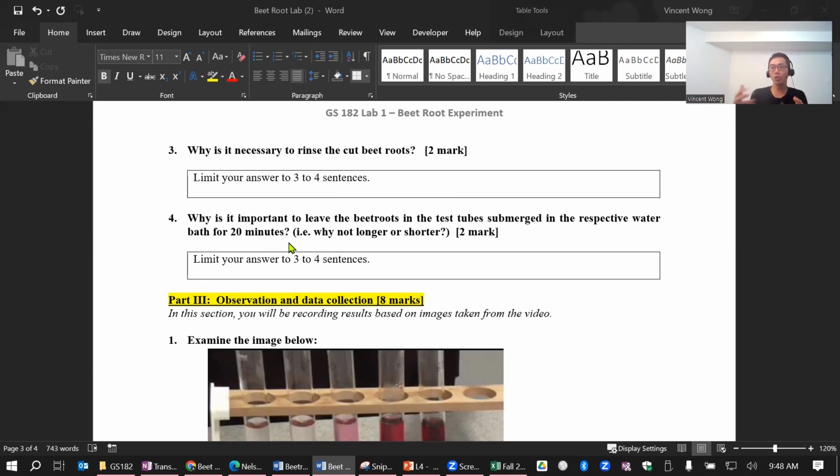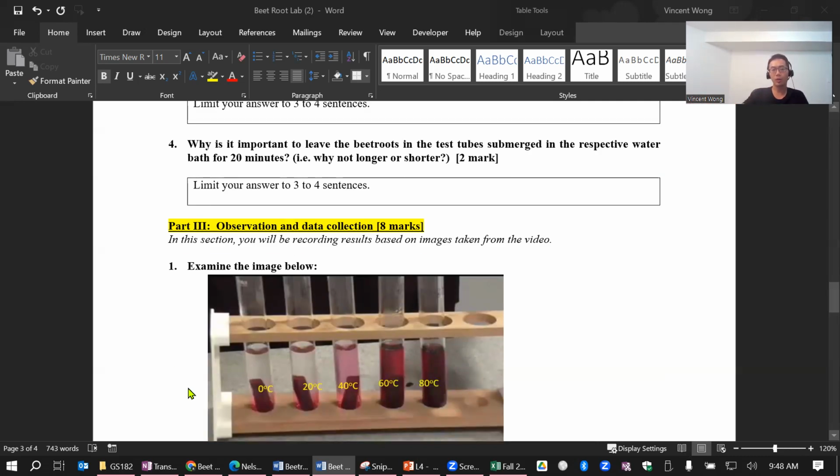But I want you to think about what happens if you leave it in for just 5 minutes, or if I leave it in for like 30 minutes, for an hour, how will that change the result? So in answering all these questions, I want you to explain to me if you don't do something, or if you do something in a different way, how will the results be affected?